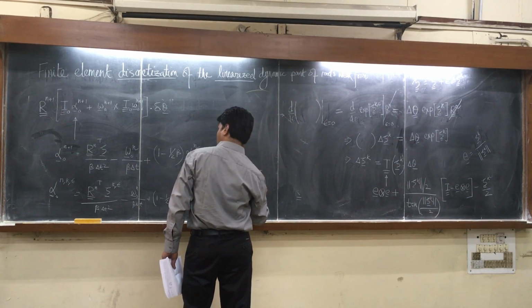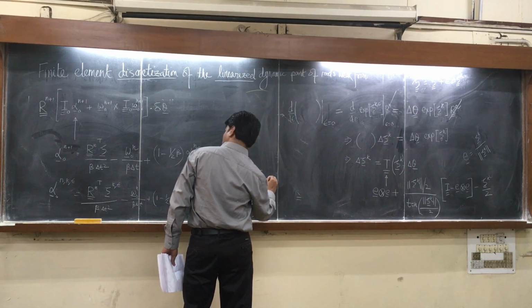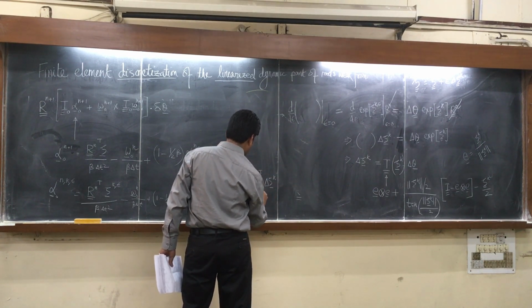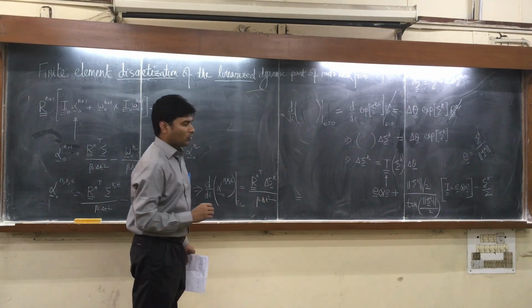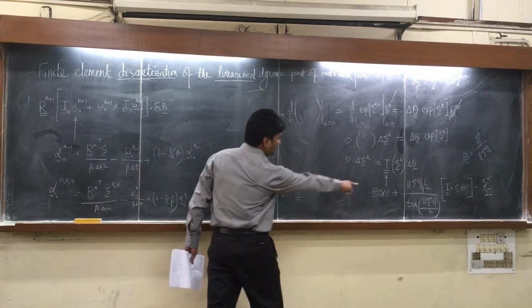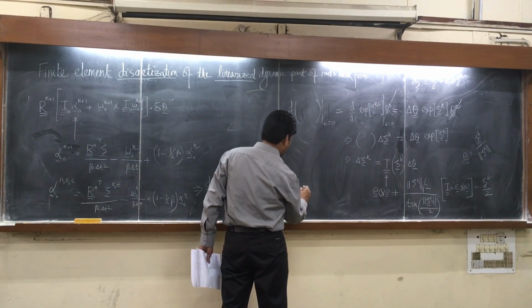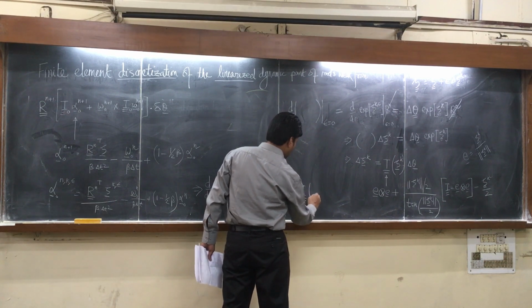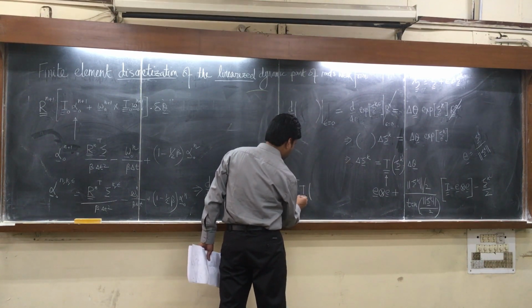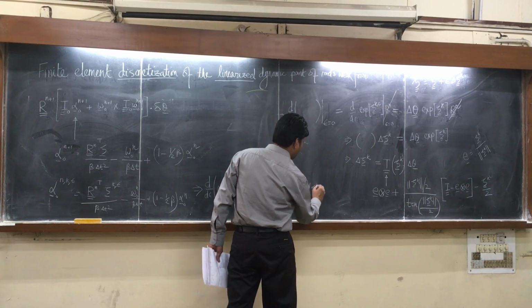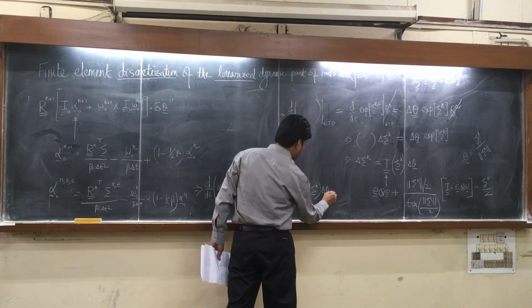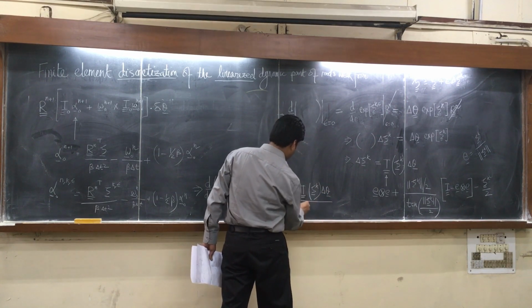R n transpose delta zeta k over beta delta t square, which is also equal to, after you use this thing, R n transpose into T of zeta k into delta theta over beta delta t square.